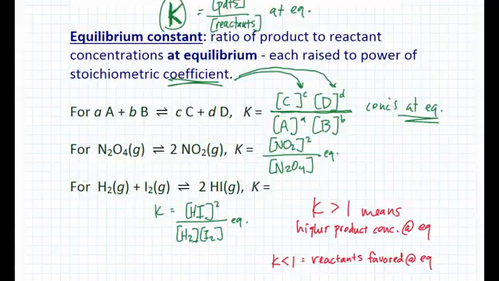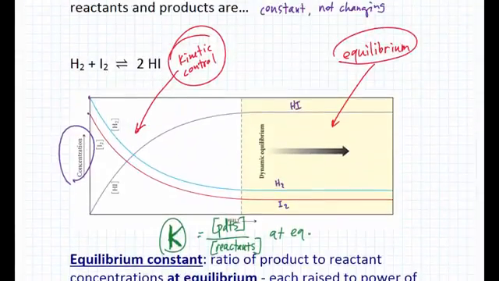So look at that graph up above here. Does this have an equilibrium constant greater than 1 or less than 1? Greater than 1, right? HI is the product.